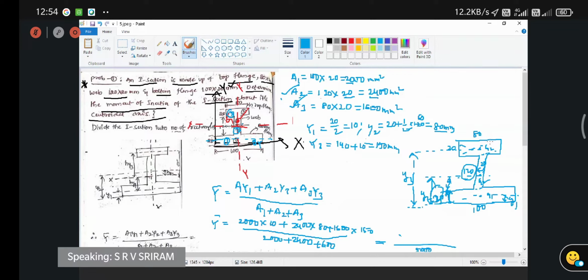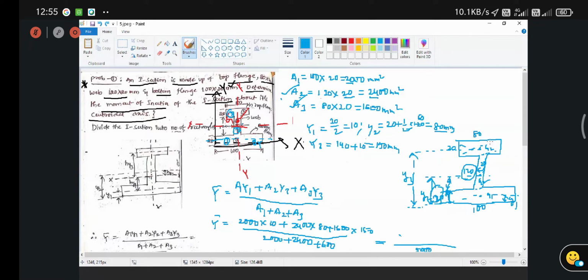Exactly how much is the value? So 2000 into 10, 2400 into 80, plus 1600. 80 into 20 is how much? 1600.